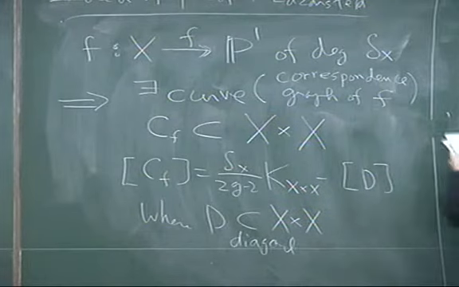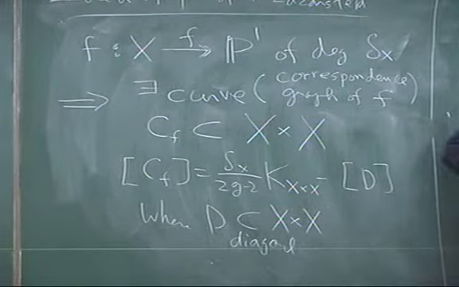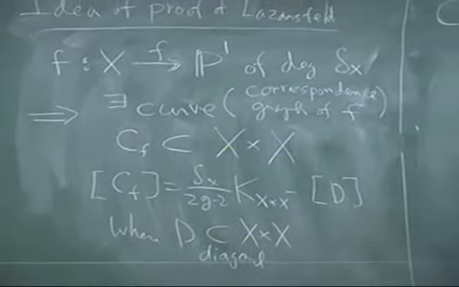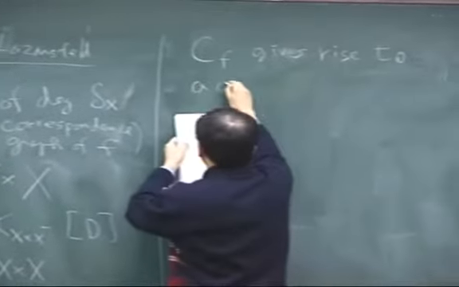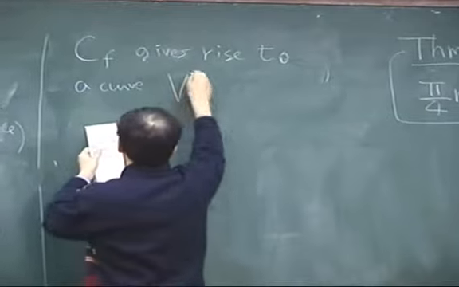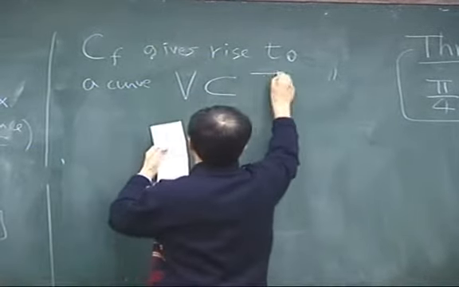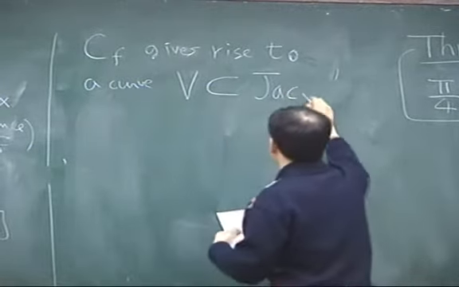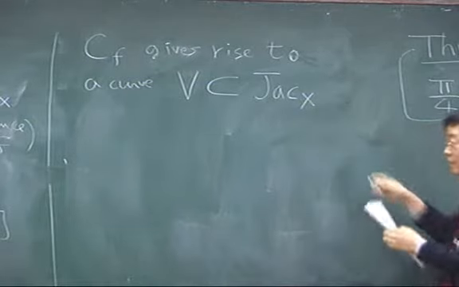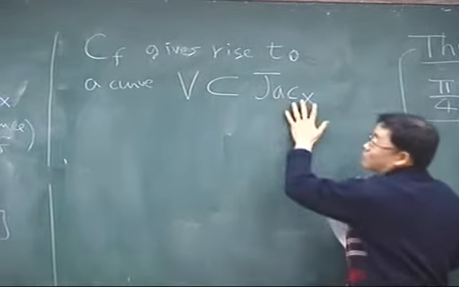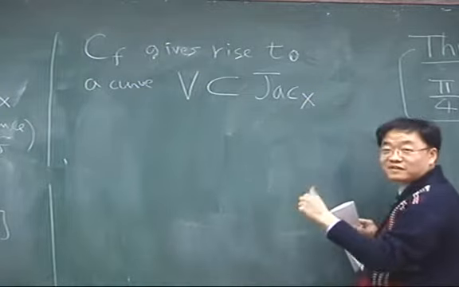This C gives rise to a curve. This part is a little bit not precise, but just admit this. Using this, you can produce some curve in the Jacobian, basically by the difference map.